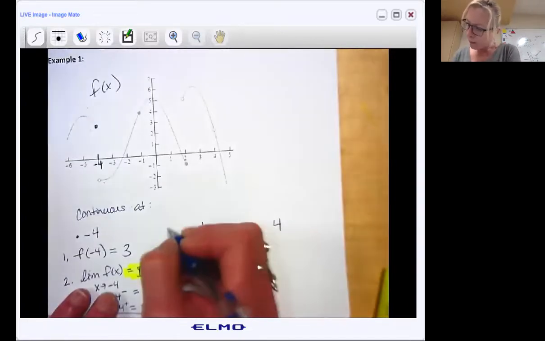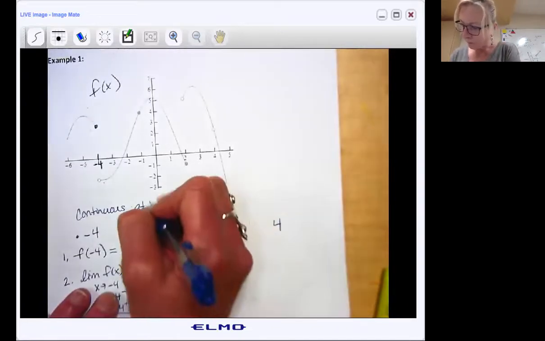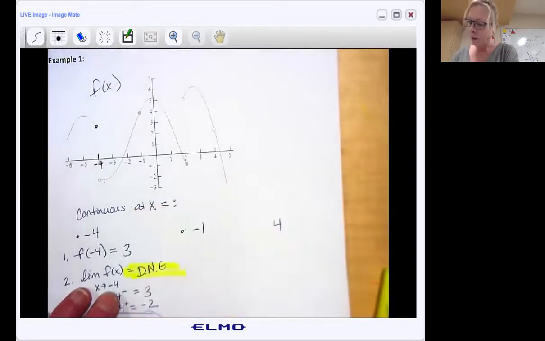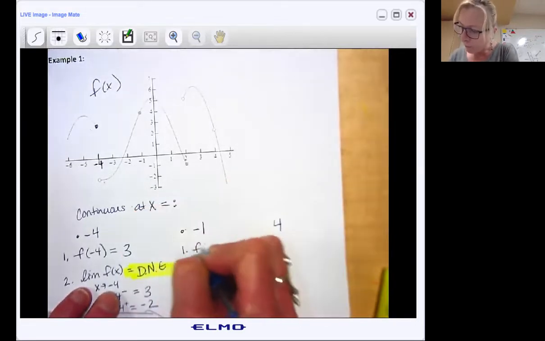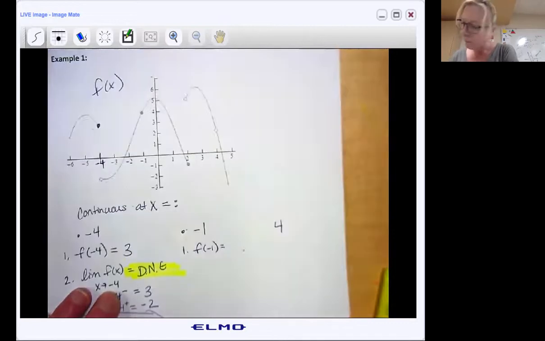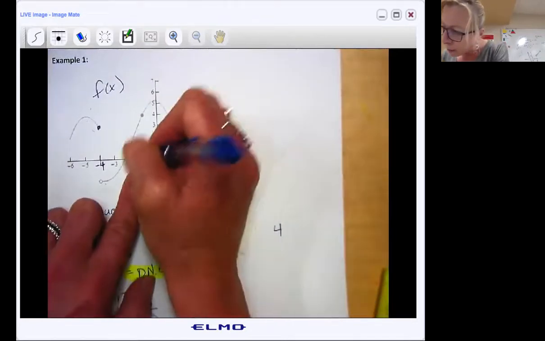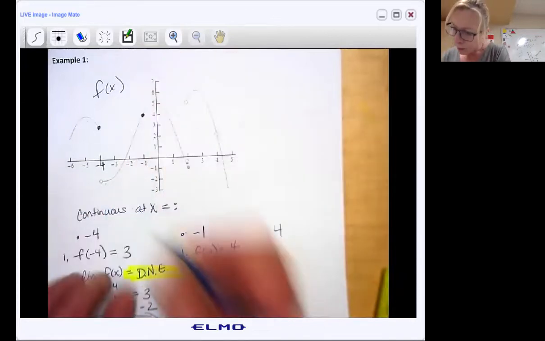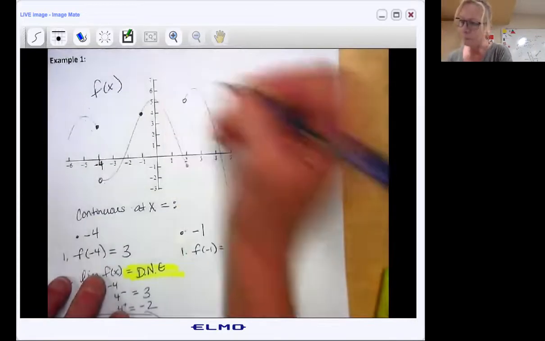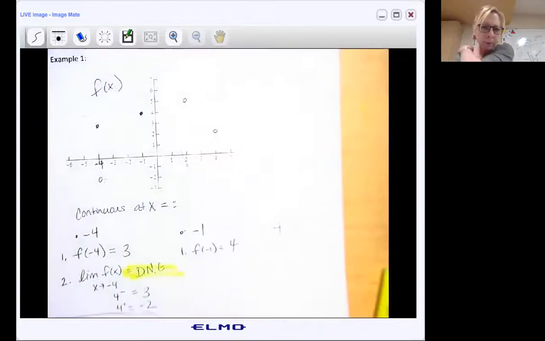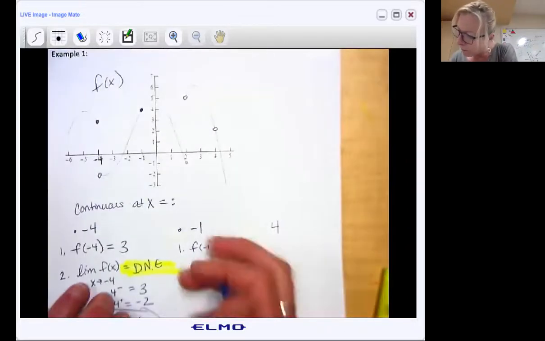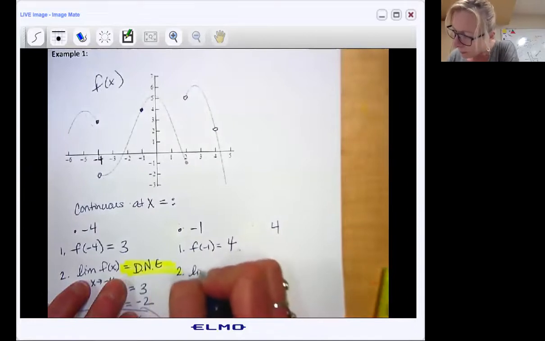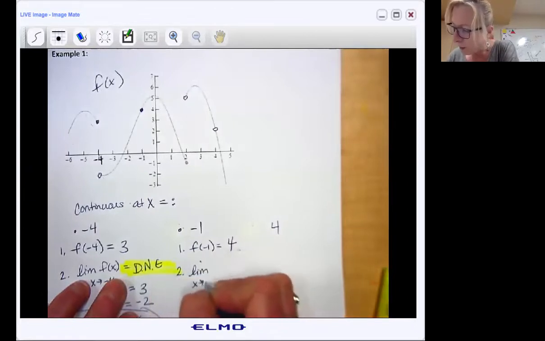Okay, so let's look at x equals -1. All right, first condition, does f of -1 exist? And if so, what is it? So what is the function value at -1? It is 4. And that is a filled in circle. Here are my opens. Okay, does the limit exist as x approaches -1?